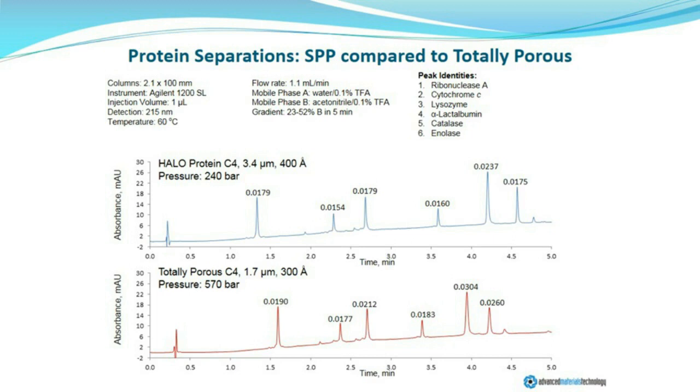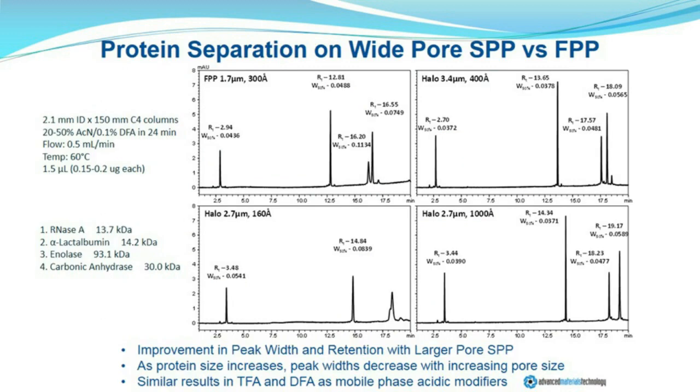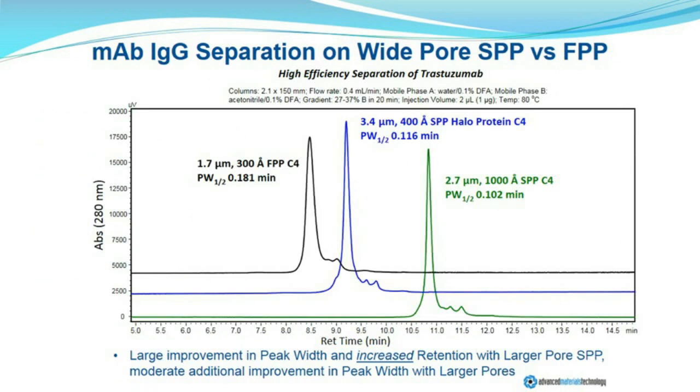I'm going to skip this slide and go to the next, where we're looking at, in this case, a monoclonal antibody separation on a wide pore, in the middle panels, 400 angstrom material, compared to the sub-2 micron, 300 angstrom pore size material, nearly half the peak width.